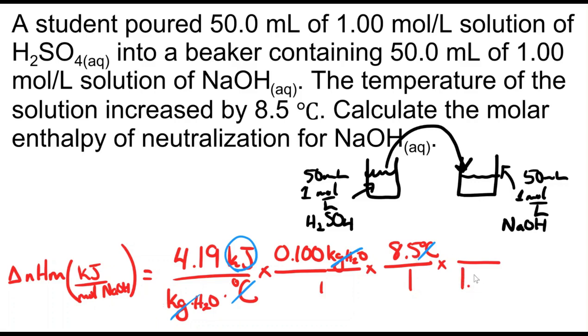So 1.00 moles per 1 liter of sodium hydroxide. So all we have to do is cancel out the liters. How many liters of sodium hydroxide did we have? We had 0.0500 liters of sodium hydroxide.